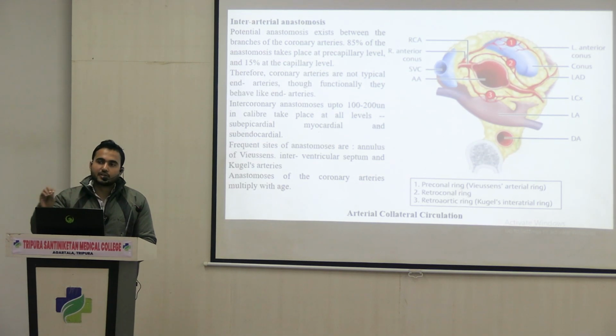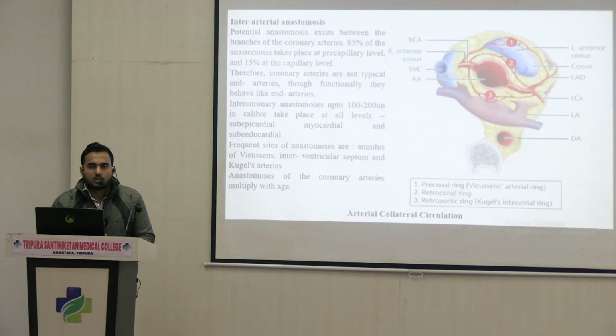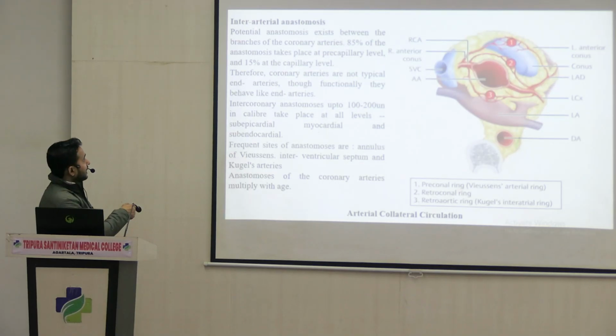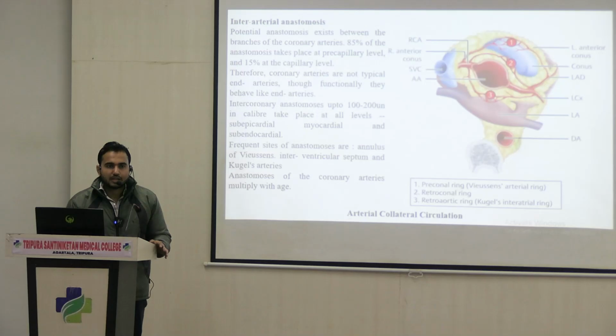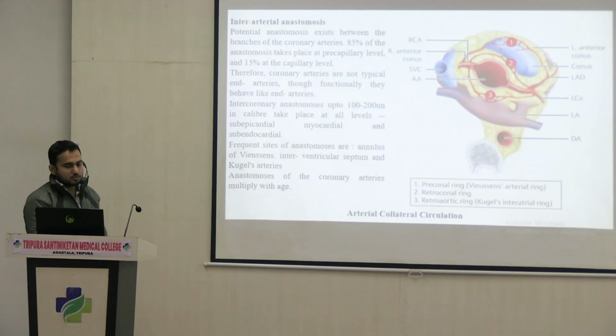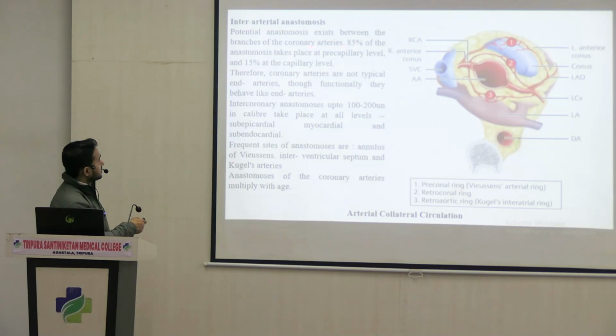Among them, one of the important anastomoses is the interarterial anastomosis. What is the meaning of interarterial? Anastomosis which takes place between the arteries. Mostly, 85% of anastomosis takes place at the pre-capillary level and 15% at the capillary level.